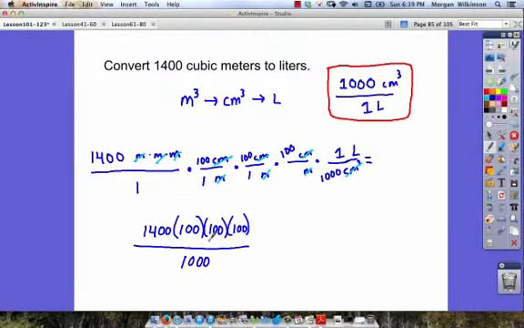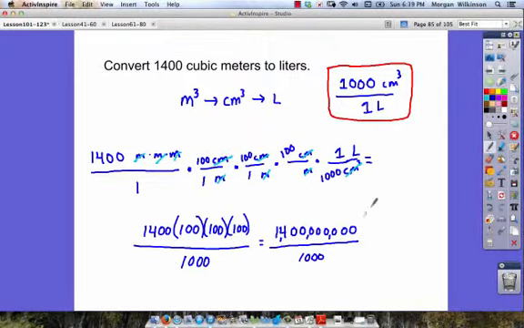Now, for this, we could go ahead and simplify our answer if we wanted to. Well, we've got 14 times 1, that's 14. Then we've got 2, 4, 6, 8 zeros. We can add in our commas. We're going to divide that by 1,000.